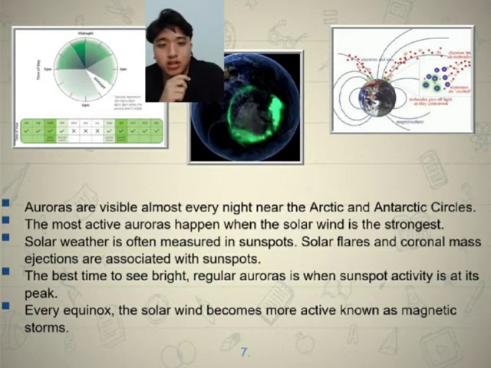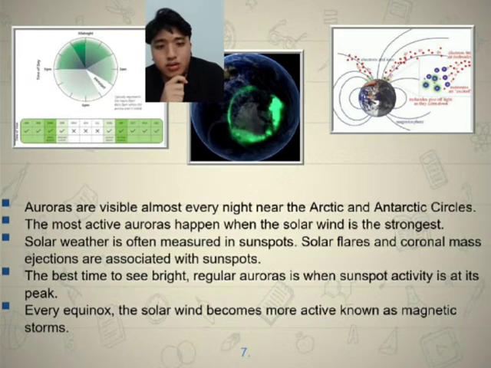Sunspots are the sun's coolest regions, appearing as black blobs on the white hot surface. Sunspots are related to solar flares and coronal mass ejections, whose energy bursts into the solar wind and occurs suddenly. The activity of sunspots is monitored during an 11-year cycle.